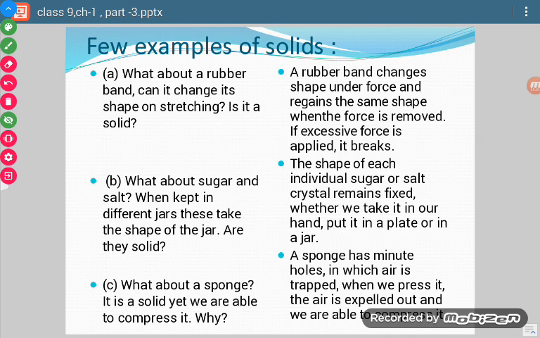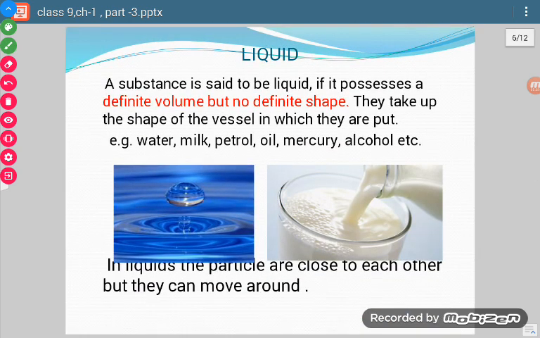Now in case of a sponge, when we are pressing it, what is happening? We are able to compress it. So why is it possible? It is because of small holes in the sponge where air is present. After pressing, that air goes out and its molecules come to other positions, and we are able to compress it.